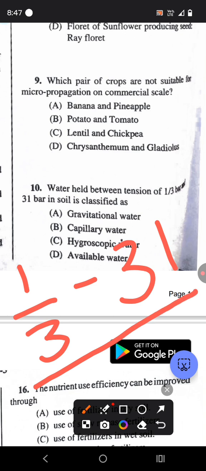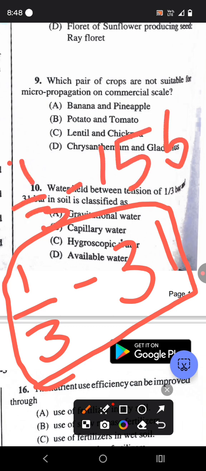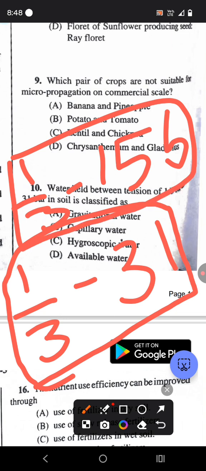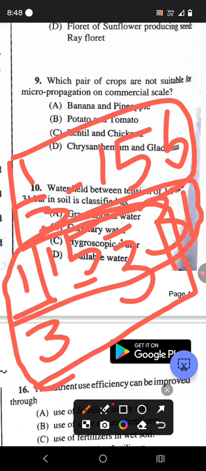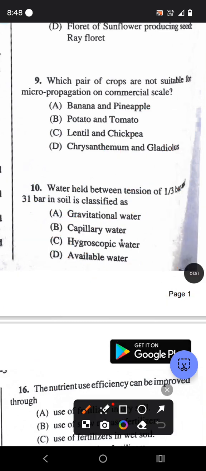And for available water, the pressure is 1/3 to 15 bar. And for unavailable water, that is 15 to 31 bar. So the answer is option B, capillary water.